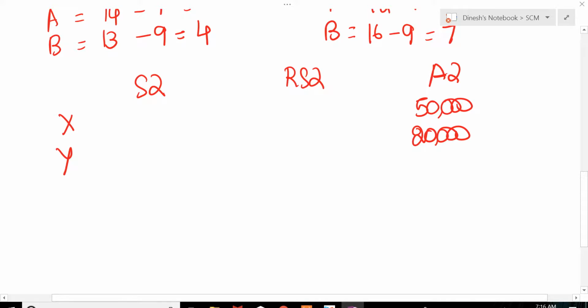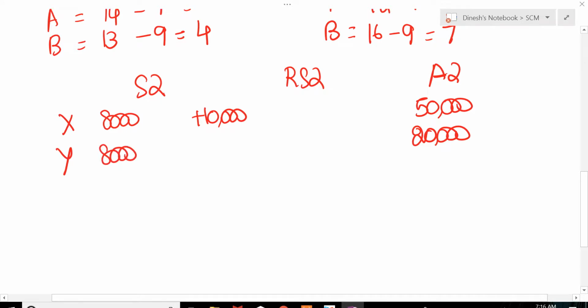SQ is always calculated with the help of actual output. How many units of A has been produced? 8,000. Assumption is whatever you produce is sold. So 8,000 units of A has been produced. How many units of B were produced? 10,000.